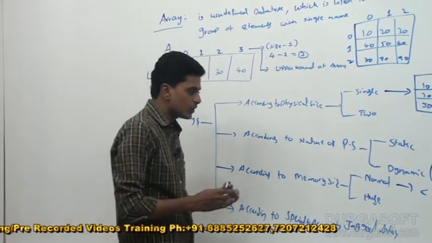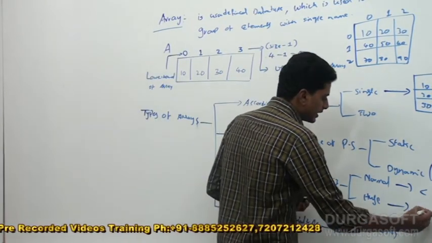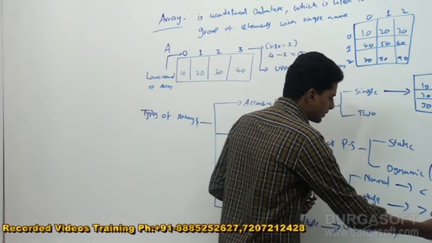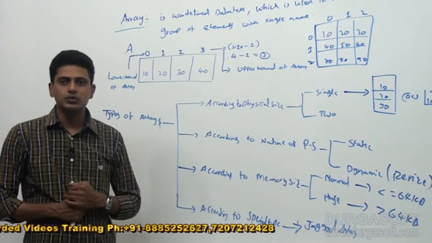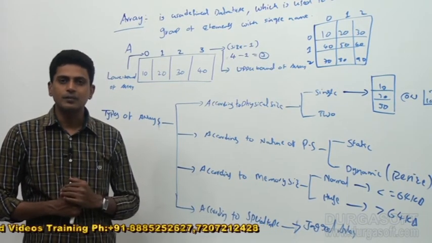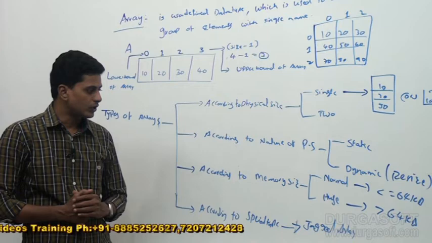If an array occupies greater than 64 KB of memory, that is called a huge array. Huge means according to size, these arrays are big. So that type of array is called a huge array.